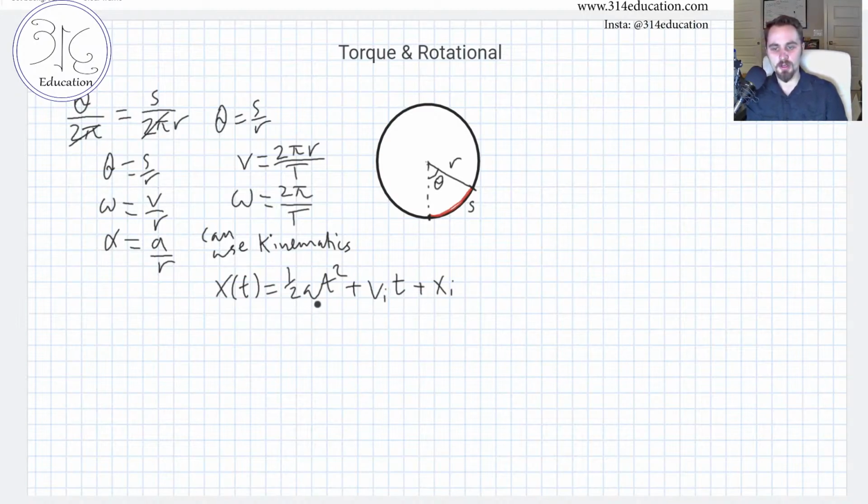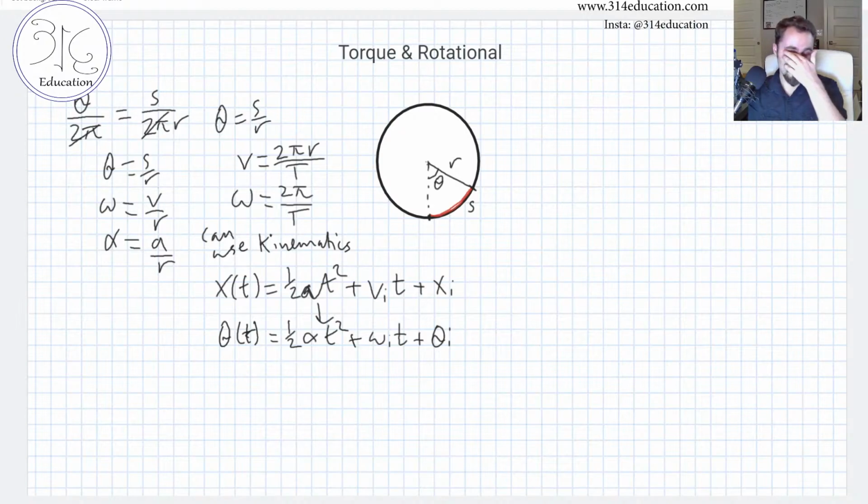This equation becomes theta of t is equal to 1/2 alpha t squared plus omega initial t plus theta initial. Just finding each appropriate linear term and replacing it with the corresponding angular term. And so that's going to be the big idea for our rotational motion, is finding these angular translations.